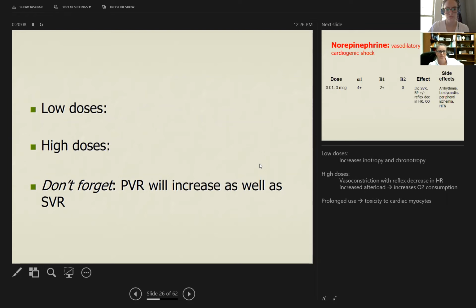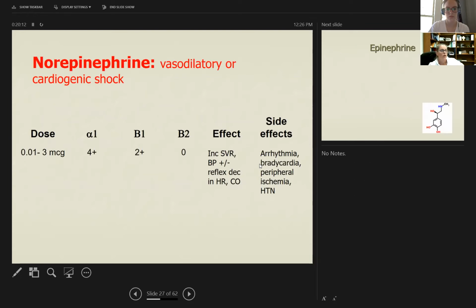So that's a win, that's a good side effect in most shock states. So again, norepinephrine is our go-to drug in vasodilatory shock or in some circumstances of cardiogenic shock, with alpha 1 as our predominant player here.